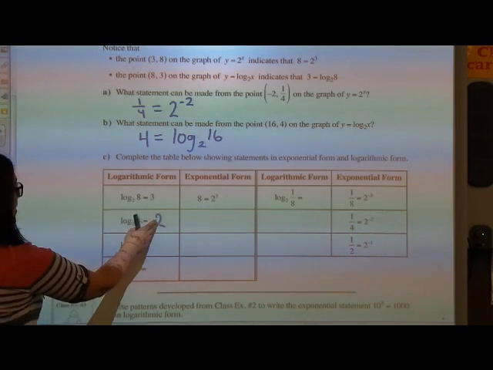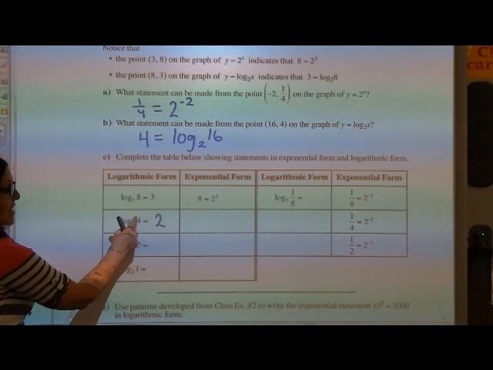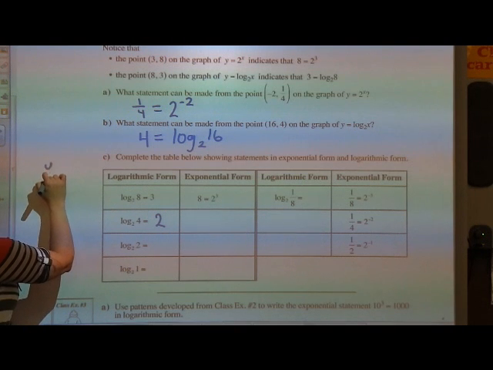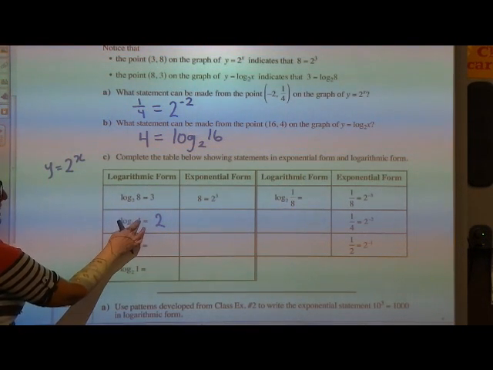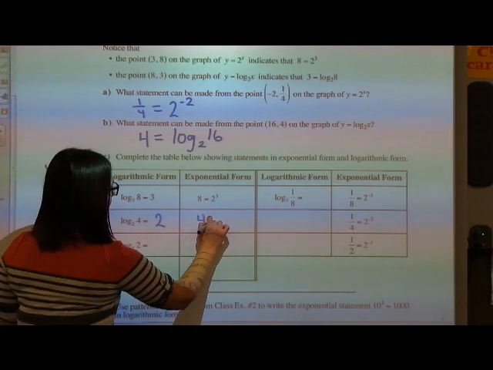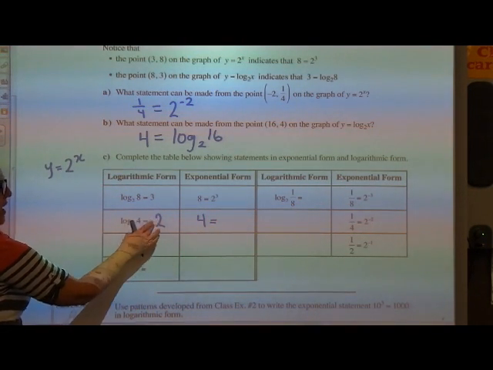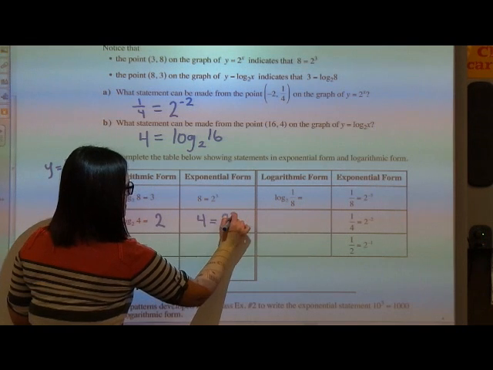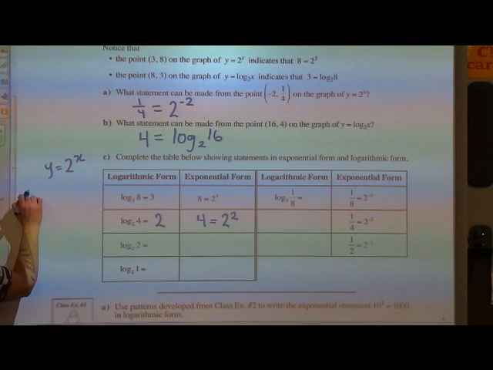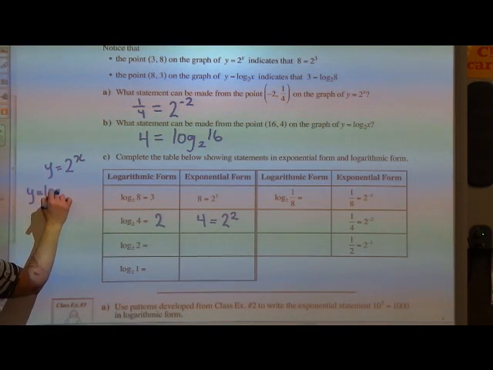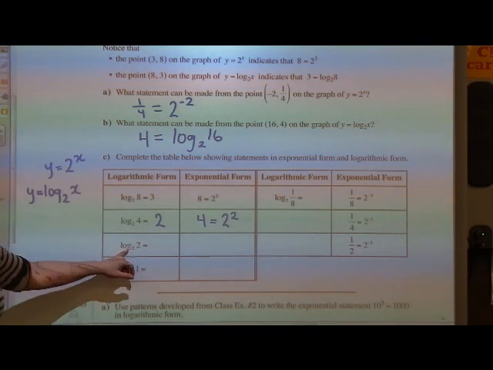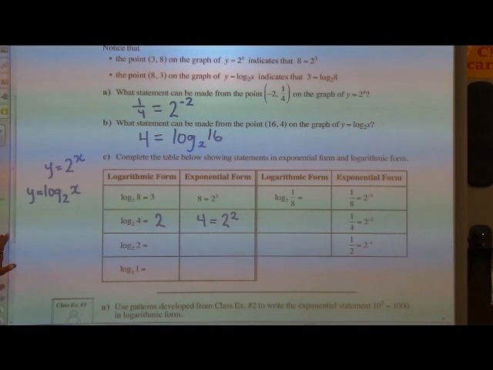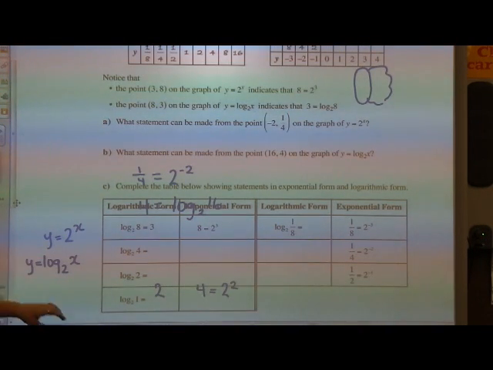And remember, in my exponential, this is the inverse. So my exponential function was 2 to the power of x. So if this is x, it now becomes y. And if this was y, it now becomes x. Because my logarithmic is y equals log base 2 of x. So if I go back up to my chart, log base 2 of 2, I look at where x equals 2.